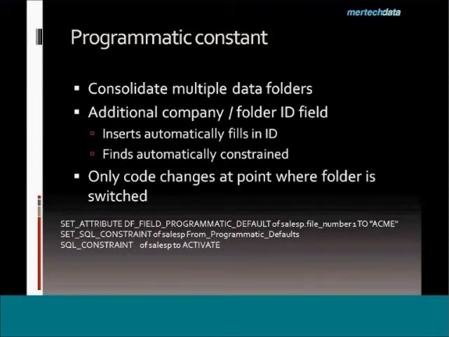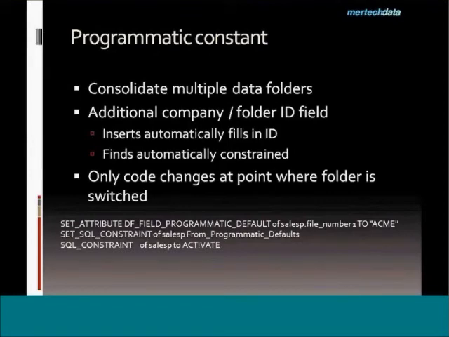So what this means is that from this point on, any finds you do against a salesperson table will be constrained by Acme. So we'll only find records that pertain to that company. Same thing, if you do any updates or anything like that, the field value Acme will be automatically put into the company field.